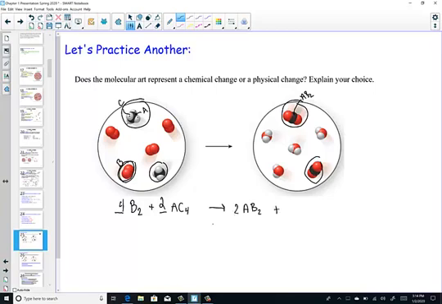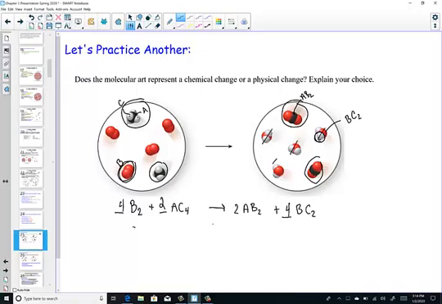And what else? This red atom that we called letter B now has 2 of these white atoms that I called letter C bonded to it. So that compound can be expressed as BC sub 2. And I have 1, 2, 3, 4 of those.